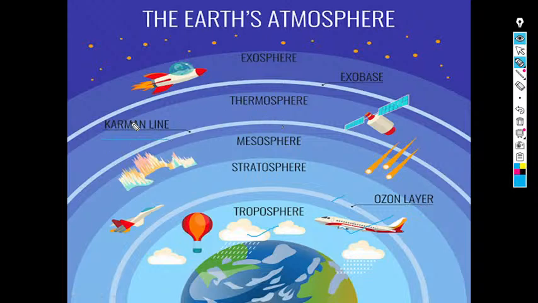This is where the Kármán line is. The Kármán line is the boundary between your earth and your outer atmosphere. See this one, satellites are here.